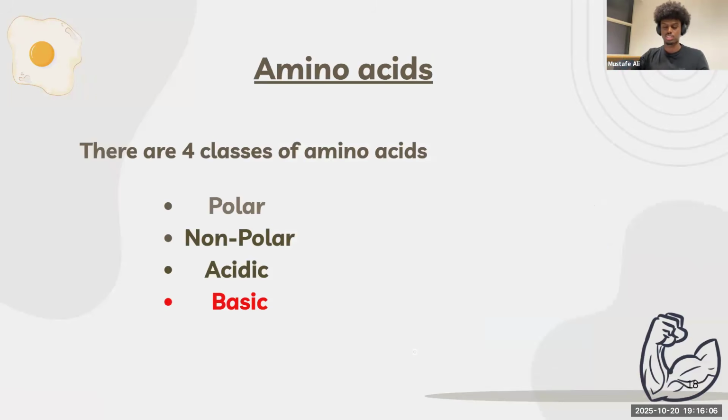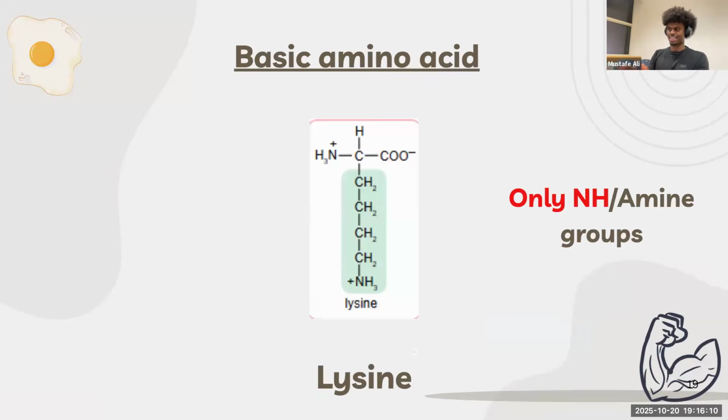Now let's look into the basic group and how they look. Why are they different? Here again, it might look a bit scary. It's the same thing. We have an amine group right here, a carboxyl group, a hydrogen atom. The R group does look really long though, right? We could skip through all of these carbons and hydrogens, but at the end, we can see that there's an amine group right here, right?